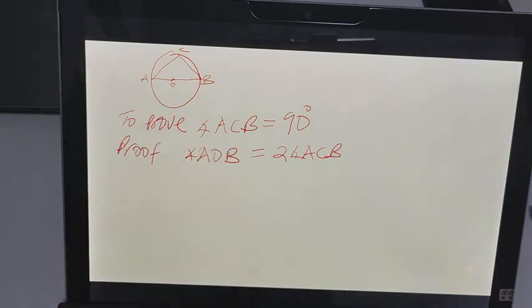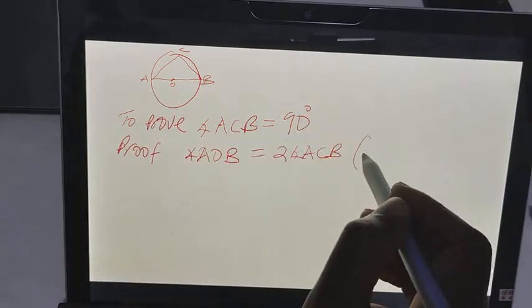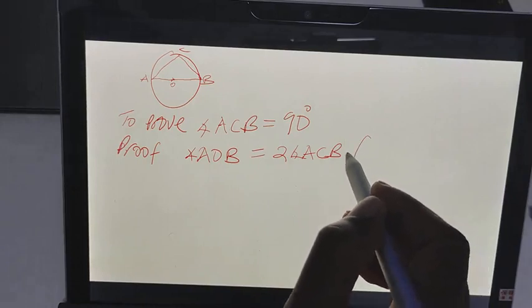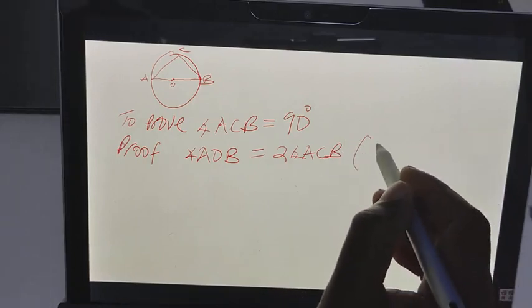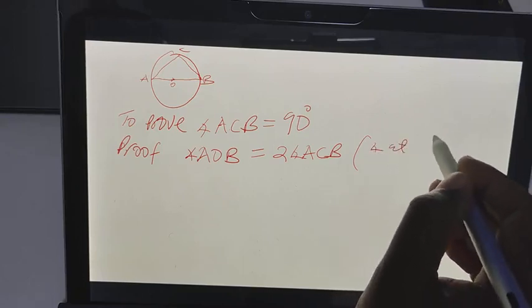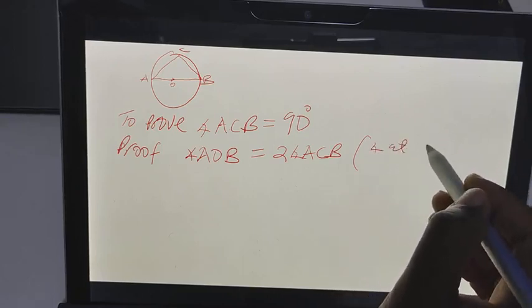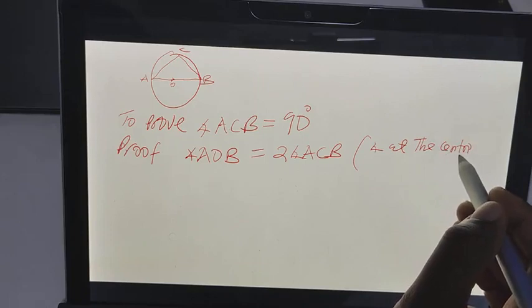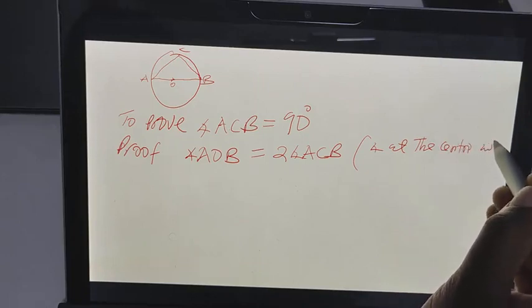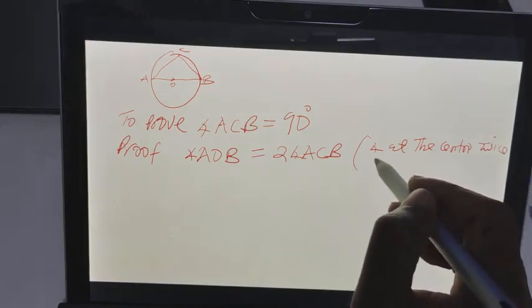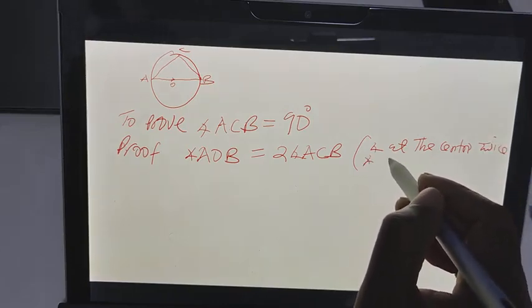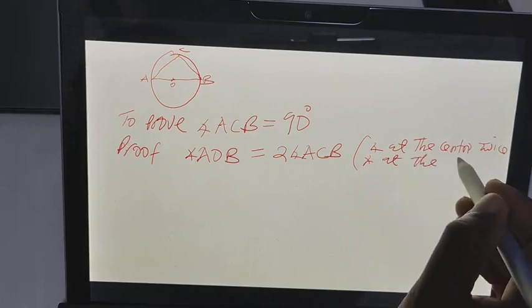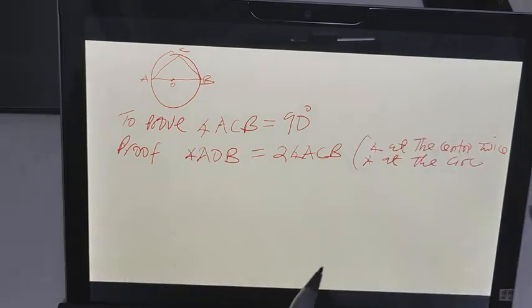The reason is simple, the reason we did last week: angle at the center is twice the angle at the circumference. You did that theorem last week.